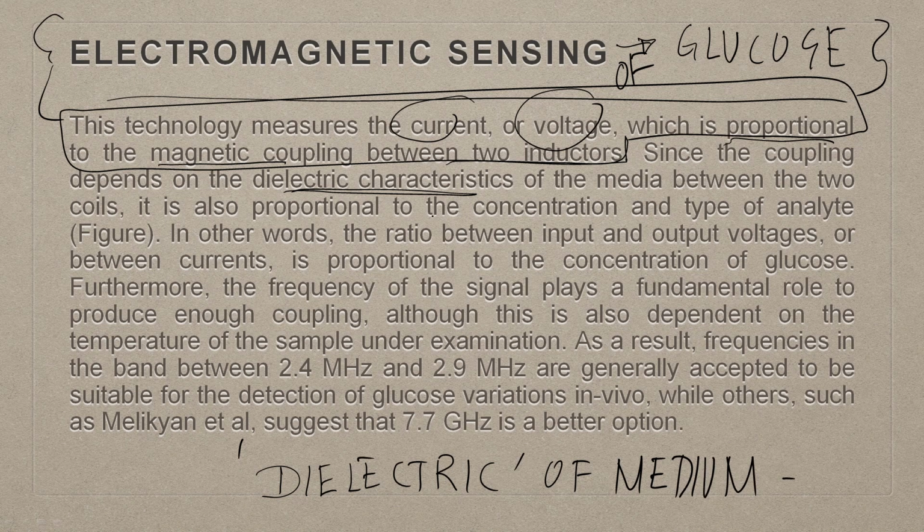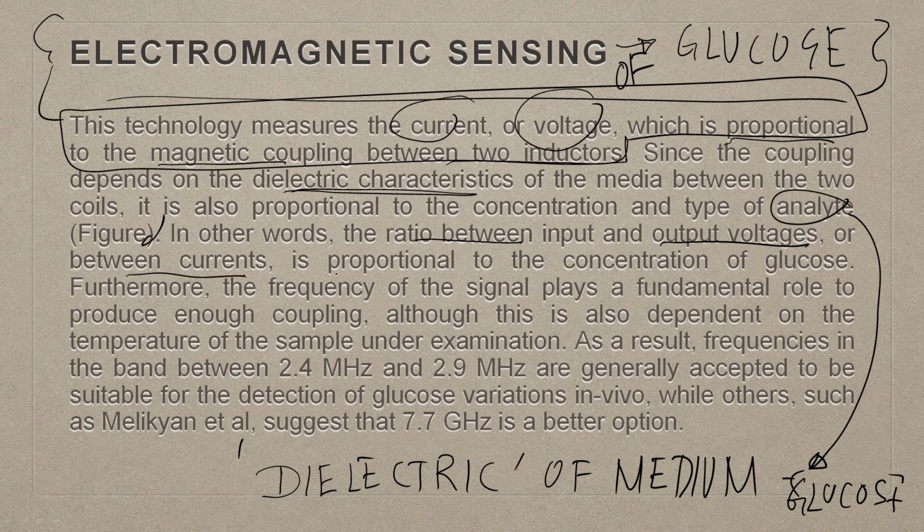It is also proportional to the concentration and type of analyte. In this case the analyte we are concerned with is glucose. In other words, the ratio between the input and the output voltage, or between the currents, is proportional to the concentration of glucose. As I will show you in the picture, that will make more sense.